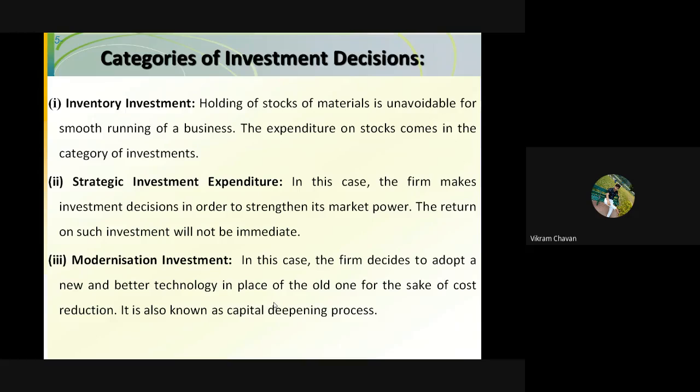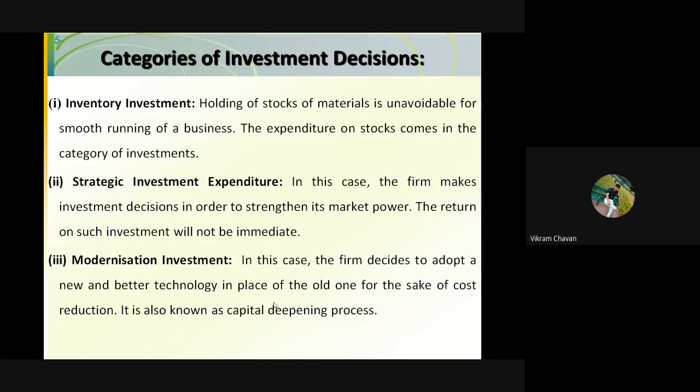This fluctuation cannot be accommodated on the spot by the production system, or there is very little time to accommodate the fluctuation or to satisfy the customer. So in that case, the stocked-up finished goods will be helpful to accommodate this fluctuation. So inventory investment is a need for the industry.